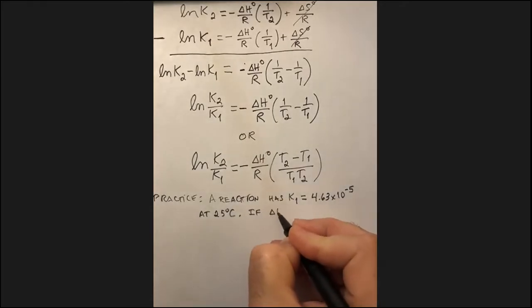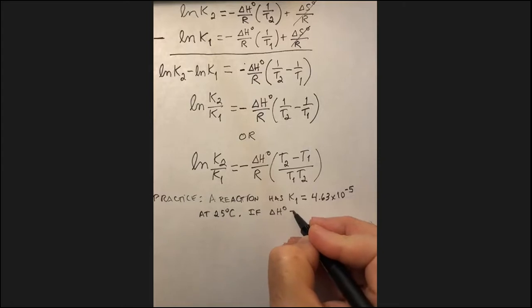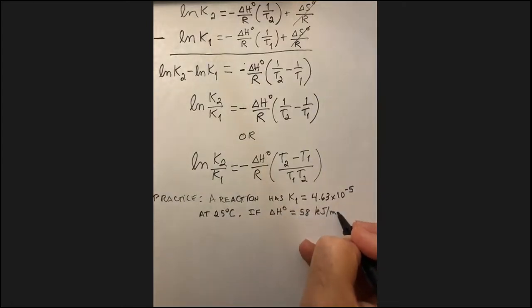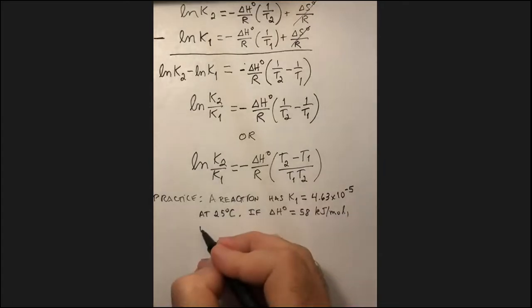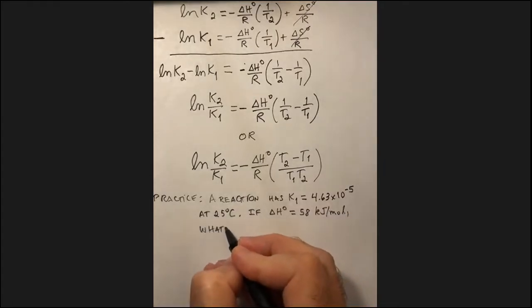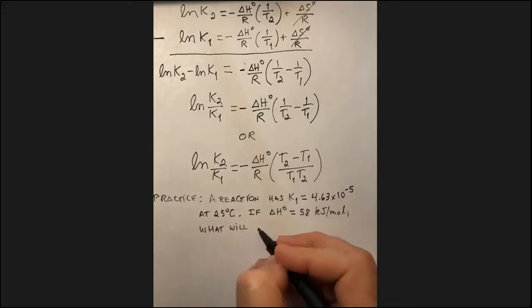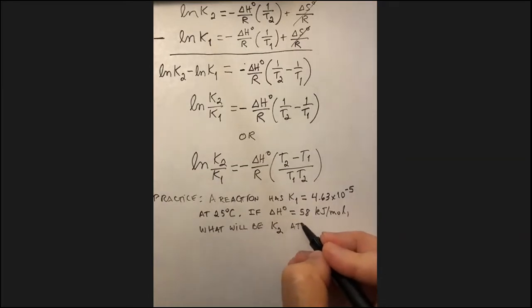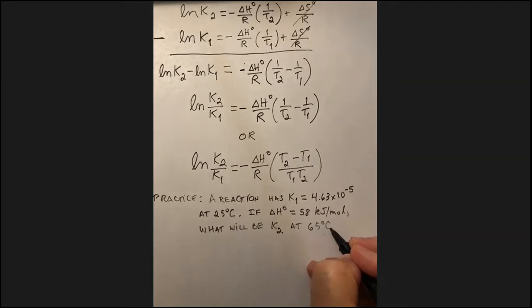If its standard enthalpy change is 58 kilojoules per mole, what will be the equilibrium constant at 65 degrees Celsius?